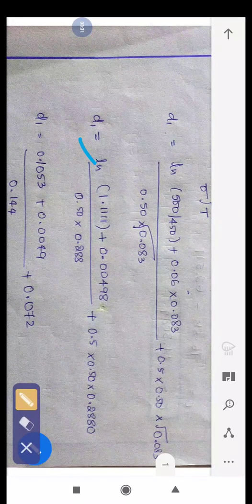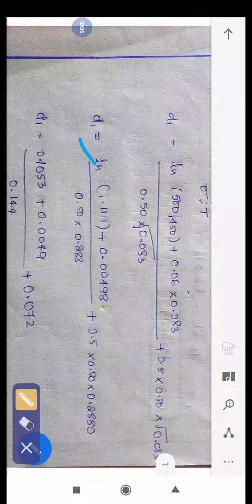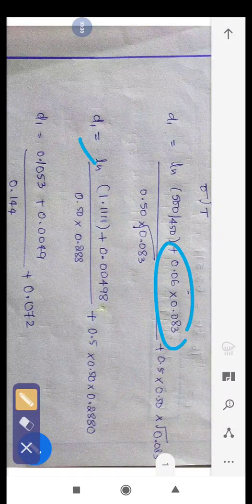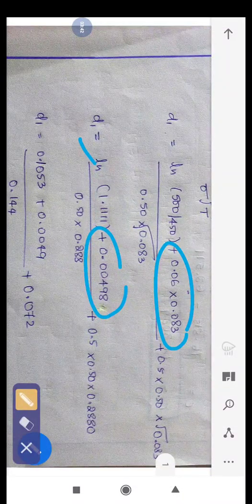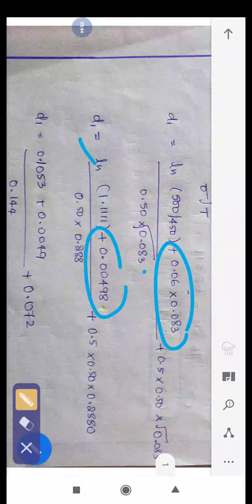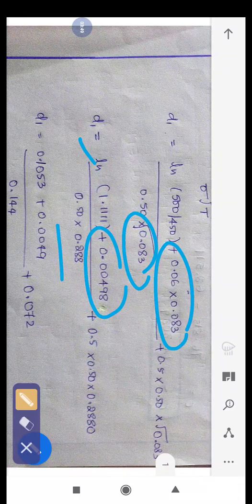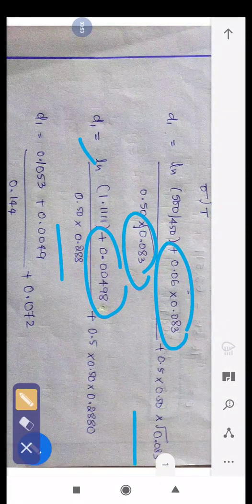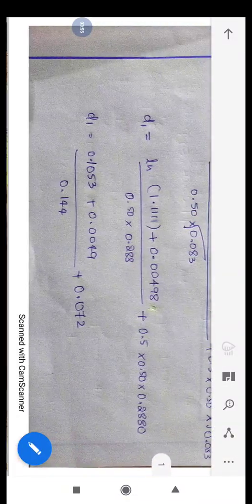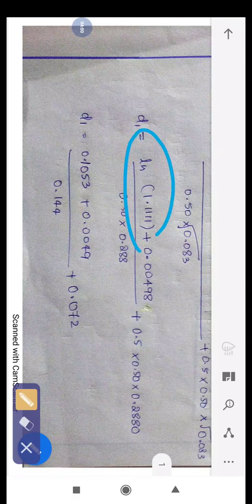So 500 by 450 will be 1.1111. Plus 0.06 into 0.083 will be 0.00498, divided by 0.50 into root 0.083. If we calculate the root, the answer will be 0.288. So at this stage, we need to calculate the log of this number.